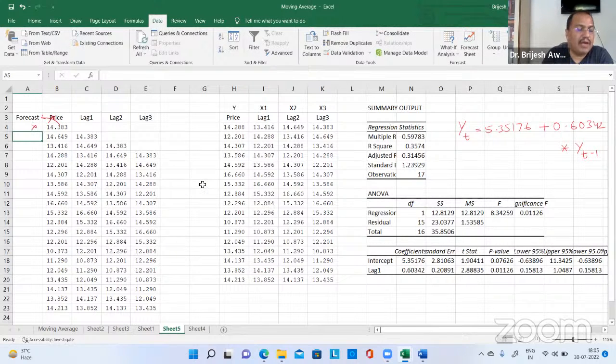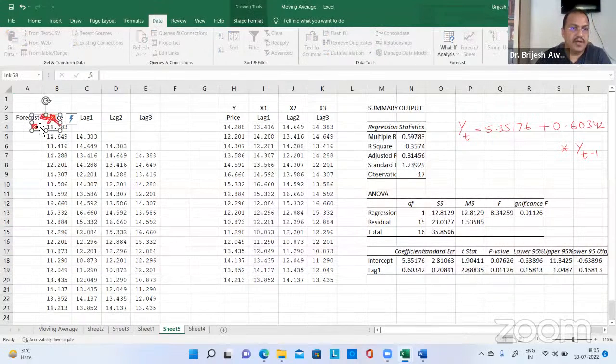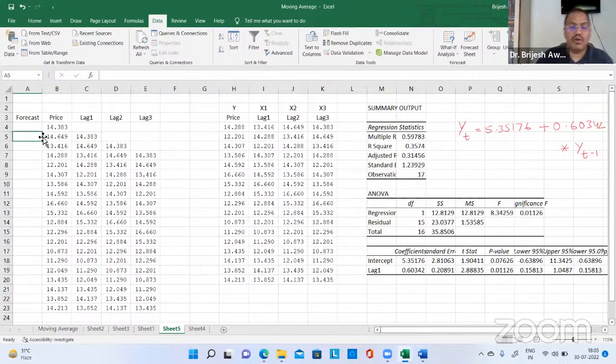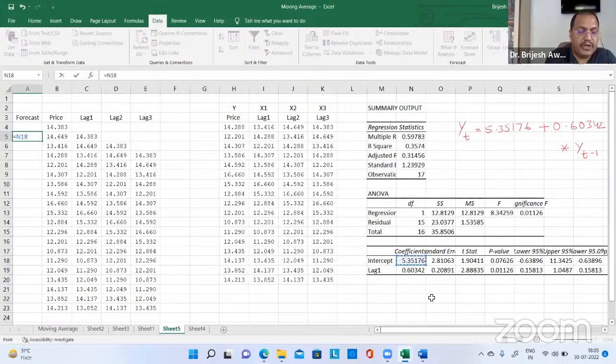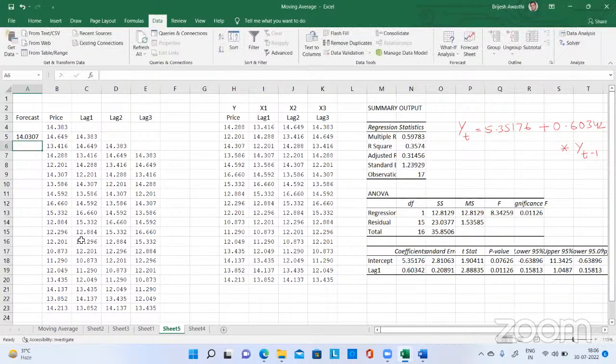We are not going to calculate the forecasting for this. We are going to calculate forecast for the next. So equals to, this is your value of constant, and I'm going to make it absolute, plus this is your coefficient, again absolute, multiplied by lag 1. Just enter.